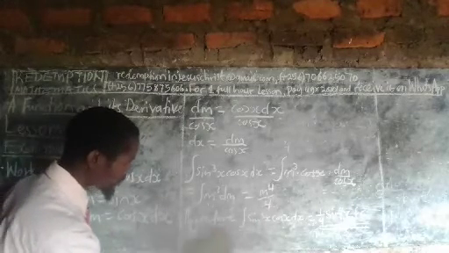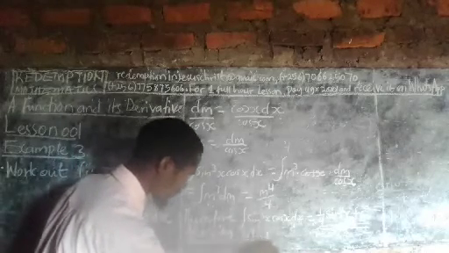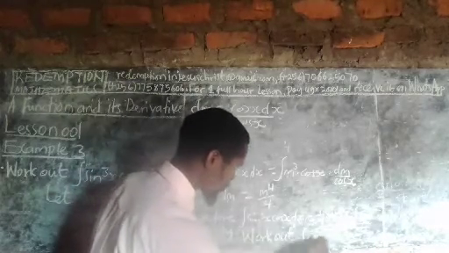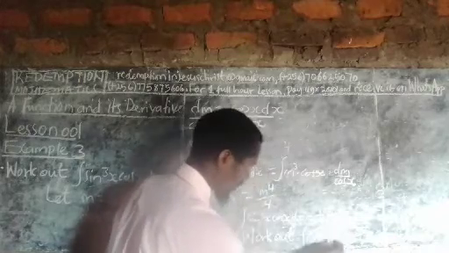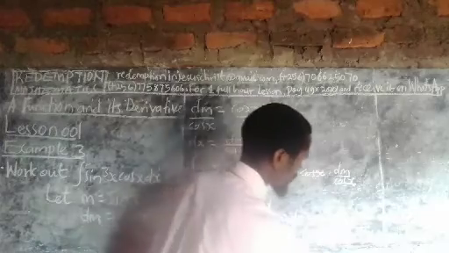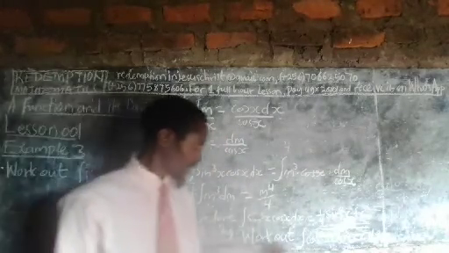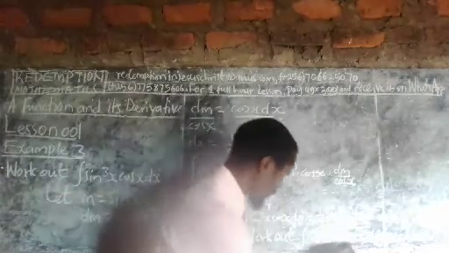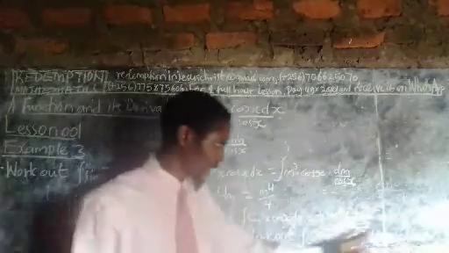Work out the integral of cos squared 2x sin 2x dx. That is the problem.